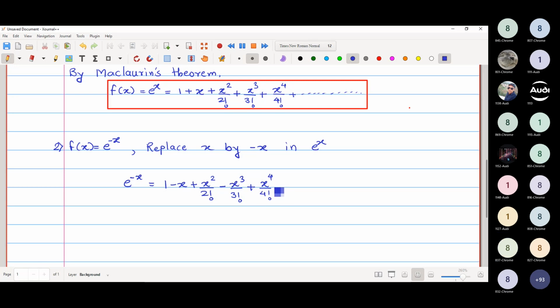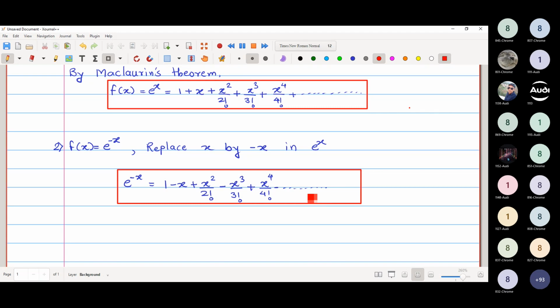That means whenever the power of x is odd, it will be negative, and for the even power it will be positive. Are you getting it, all of you?